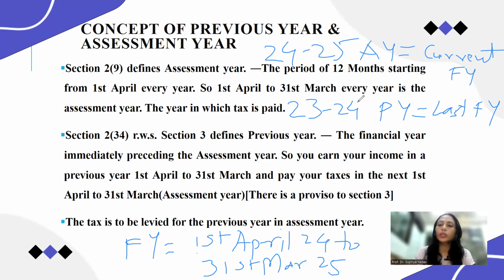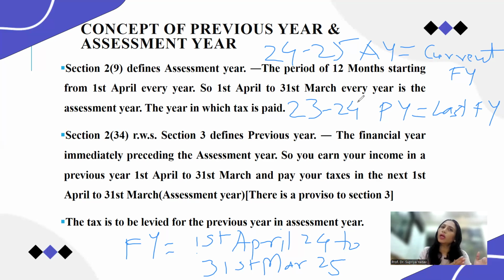And why is it important? Whatever the previous year's income you have, that income is assessed in the current financial year, that is the assessment year. Got this? Because unless and until the year is completed, you can't calculate the total income of that whole financial year.